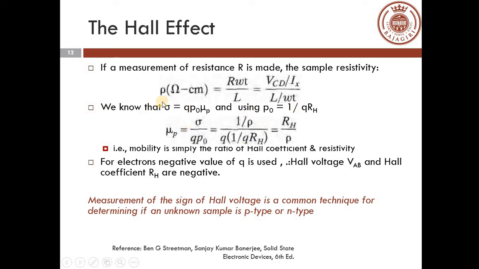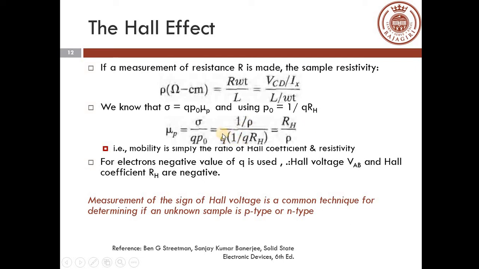Next, from session 1 of module 2, we know that conductivity sigma is equal to Q into PO into mu P, where mu P is the mobility of holes. So mu P can be written as sigma by QPO, and we know that PO depends on the Hall coefficient, and that is equal to 1 by QRH. Sigma is conductivity, which is 1 by resistivity.